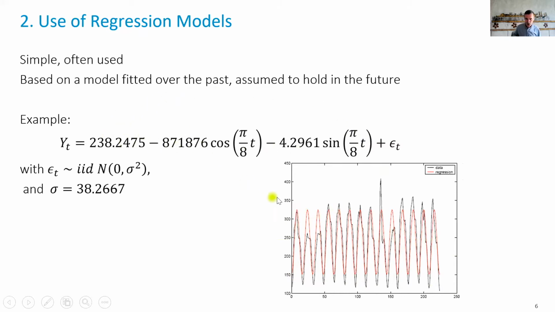We fitted to the past data a periodic sine function, which has here 3 parameters, a, b, c, which are the constant term, the coefficient of the cosine and the coefficient of the sine. And if we put it in this way, this is a linear regression model, because the dependency on the 3 parameters to be fitted is linear.